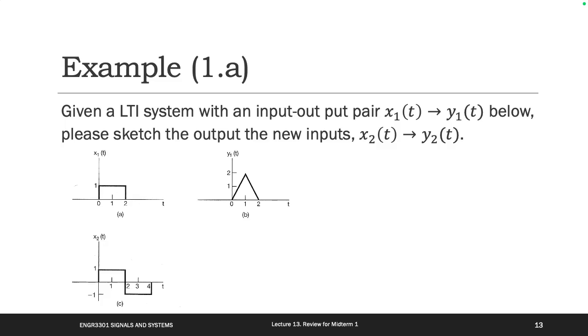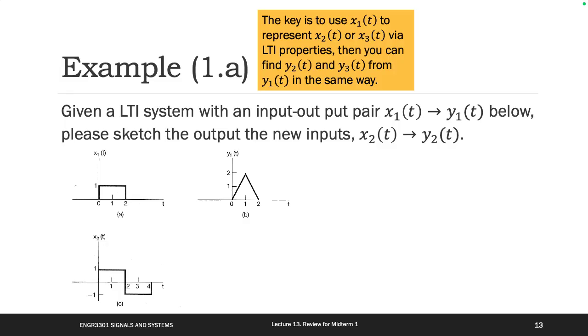How can you do that? This is an LTI system. The key is to use X1(t) to represent X2(t) or X3(t) via LTI properties. Then you can find Y2(t) or Y3(t) from Y1(t) in the same way.